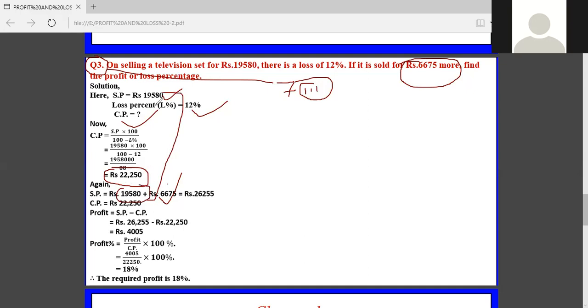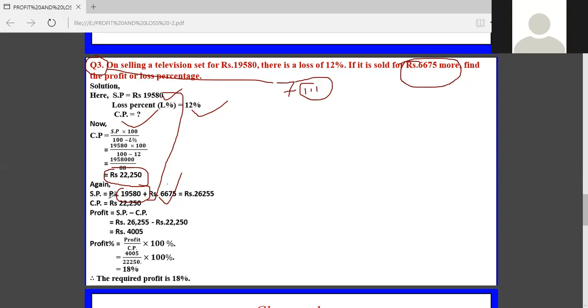Selling price was 19,580. If 6,675 is taken more, then CP is 22,250. Then what will there be? There will be profit or loss. It is asking there.